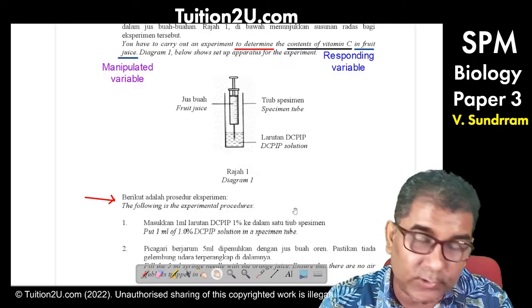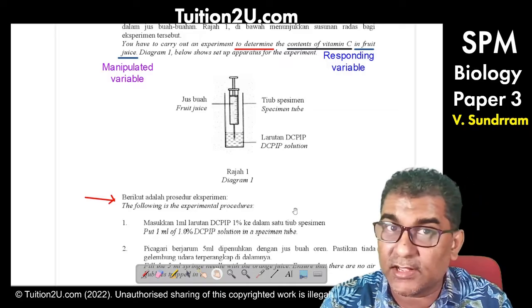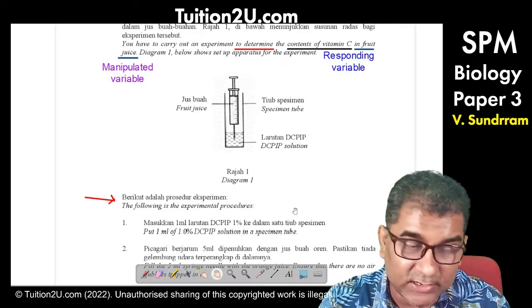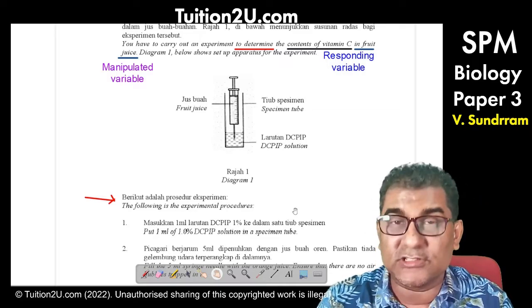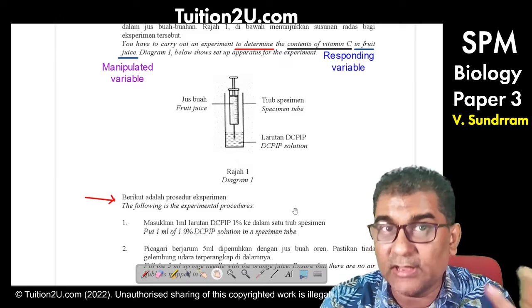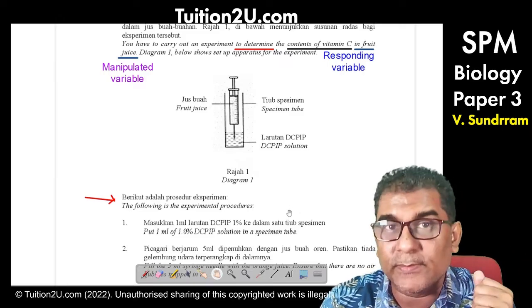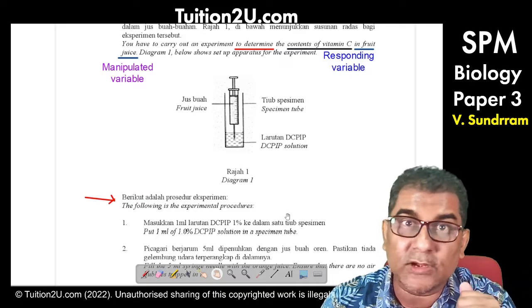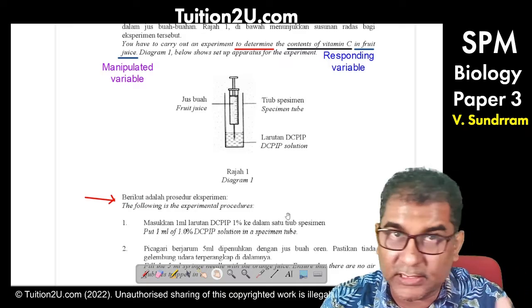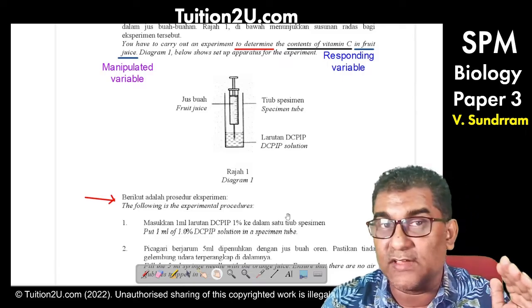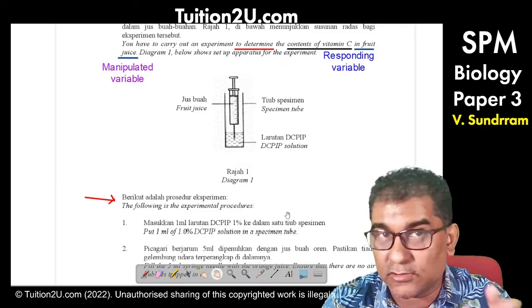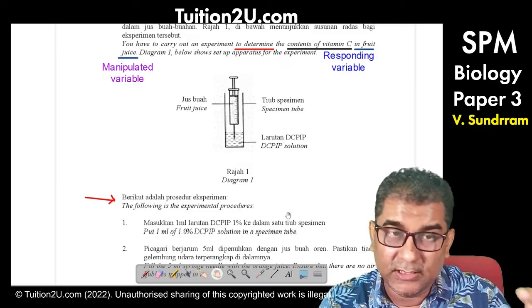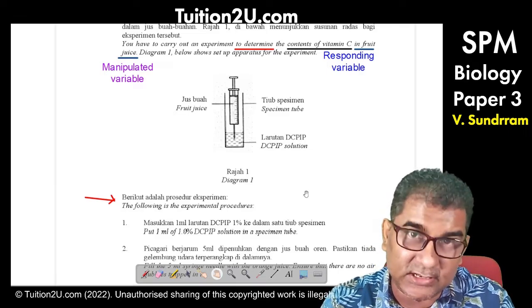What is the manipulated variable, responding variable, constant variable? What is the precautionary measure? These four pieces of information, you can get from the procedure. So read the steps one by one, and in case you identify any one of these variables or any one of these precautionary measures, you can underline. You need it for some of the answers later.